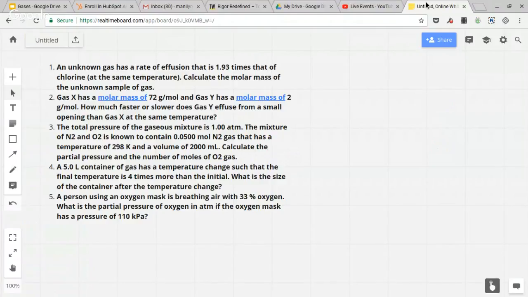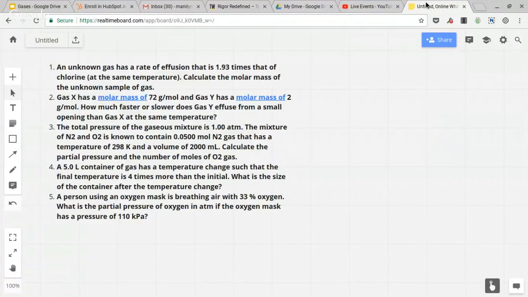So the first step is when you read a problem, take note that you need to analyze and read thoroughly the problem and what variables you're given, so as to lead you to what gas law you're going to use. The moment you figure out the right gas law, you would be able to recall the correct mathematical equation of that law.